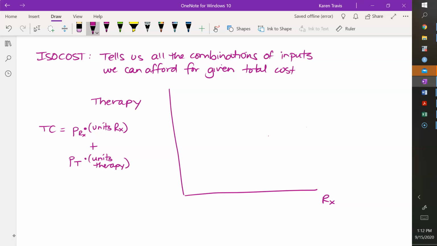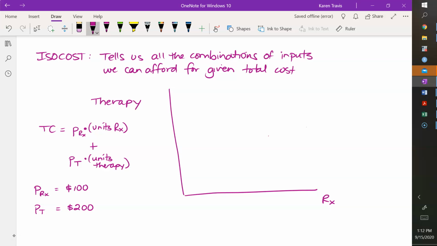So suppose initially that the prescription price is $100, and let's say the therapy is $200. So let's imagine that this is happening within a hospital.